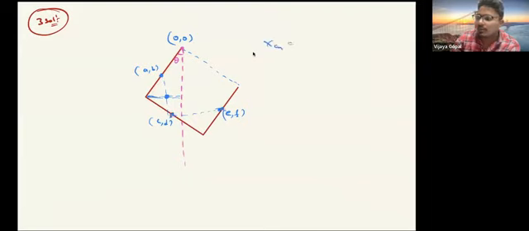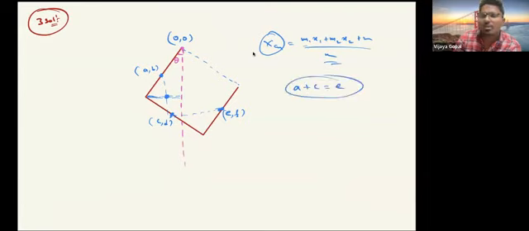XCM is M1 X1 plus M2 X2 plus M3 X3 by M1 plus M2 plus M3. As this is 0, and all the masses are equal, A plus C must be equal to E. This is the condition you're going to get.